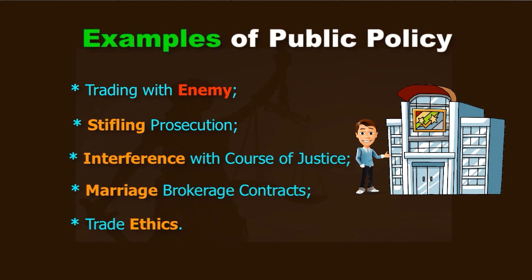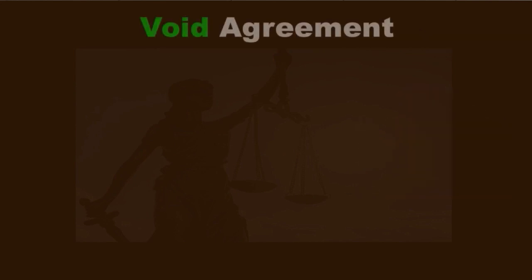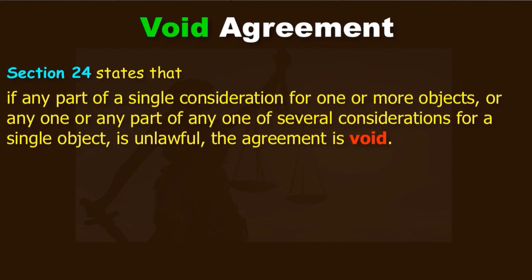Now the last point of this topic, that is void agreement. Section 24 states that if any part of a single consideration for one or more objects, or any one or any part of any one of several considerations for a single object is unlawful, the agreement is void. Of course, I understand the language is pretty complex, but you don't need to go into the language.